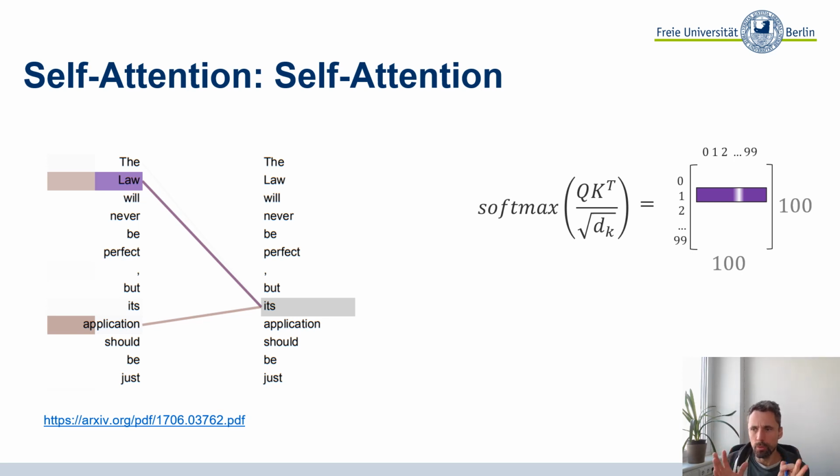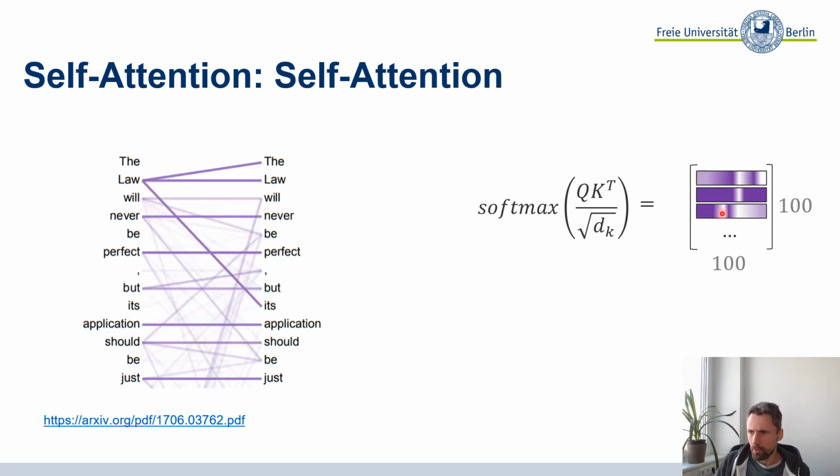But how do we use this attention mask? We have many of these rows. All of those input tokens attend to all other input tokens, and you can imagine this as a graph, which I just showed you here. I cropped this figure from the paper.